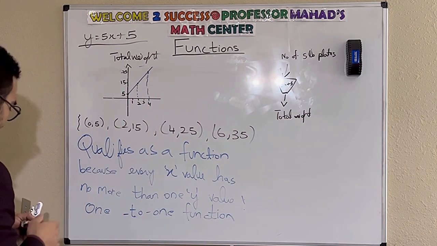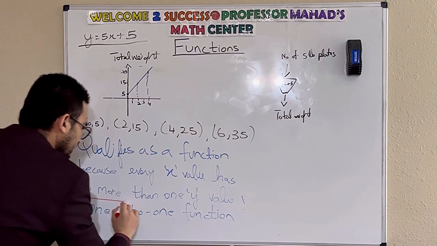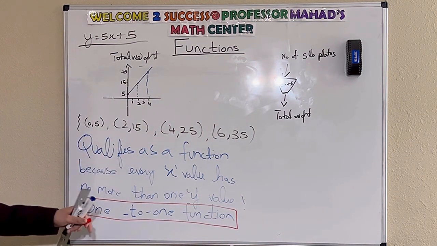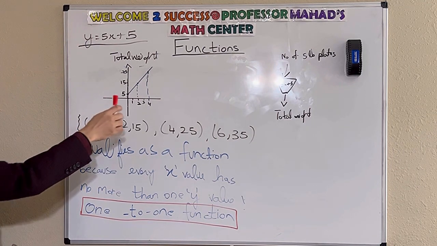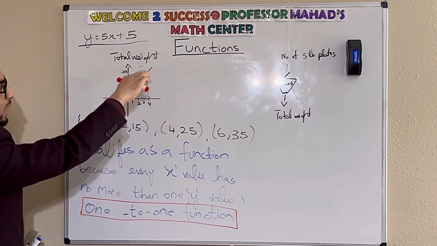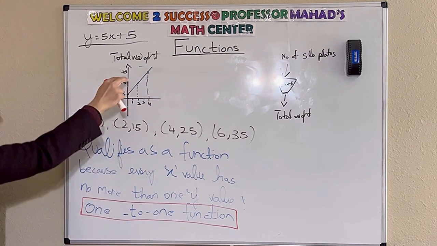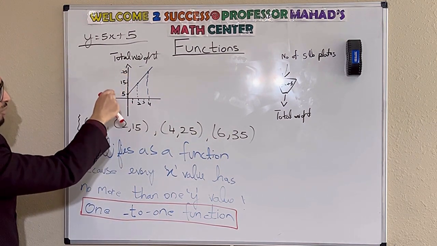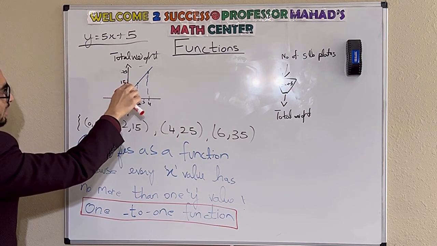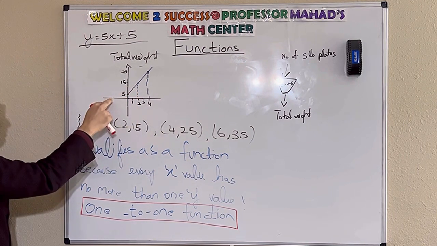Okay, the reason is that in this, every y value even has only one x value. Now there are functions we're going to see in the future where a y value can have more than one x value. For example, this 15 could also have an x value of 2 and minus 2.